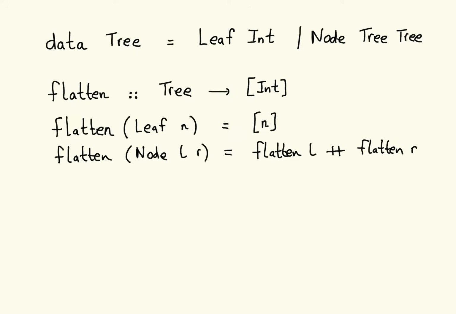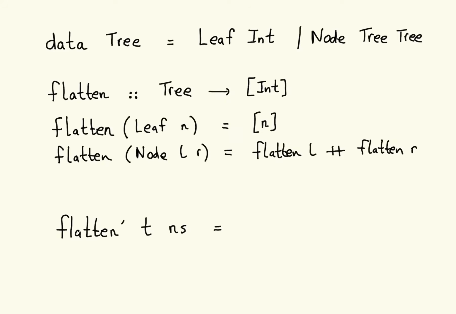So let me write down an equational specification for the helper function, which we would like to define now. So I'm going to define a function called flatten prime, and it's going to take a tree t as its first parameter, and it's going to take a list of numbers ns as its second parameter. And what we'd like it to do is combine the behavior of flatten and append.